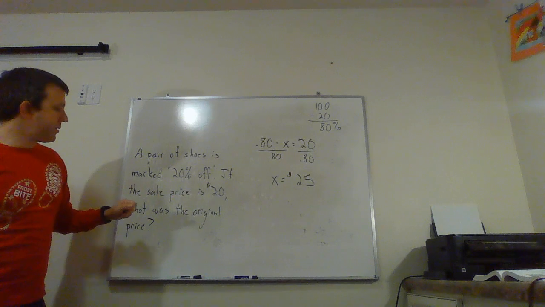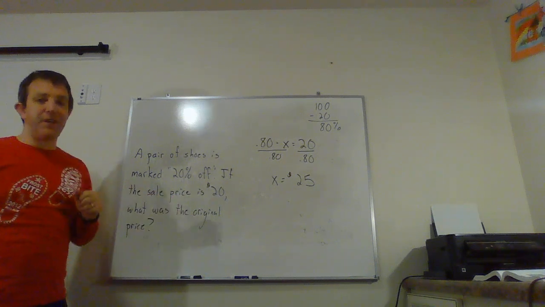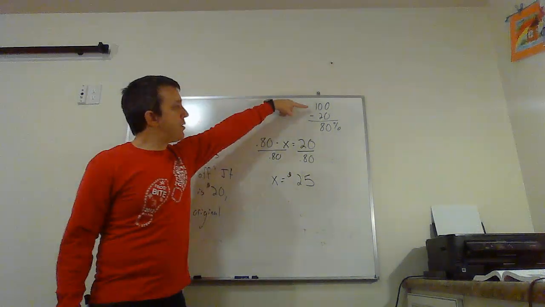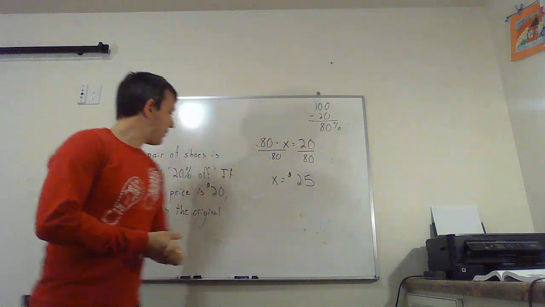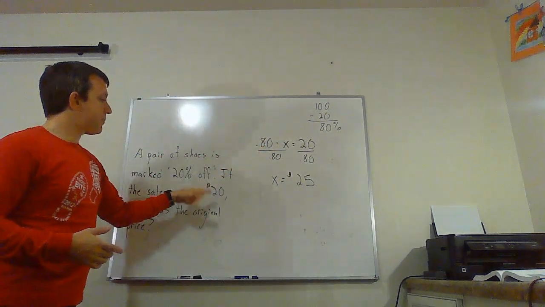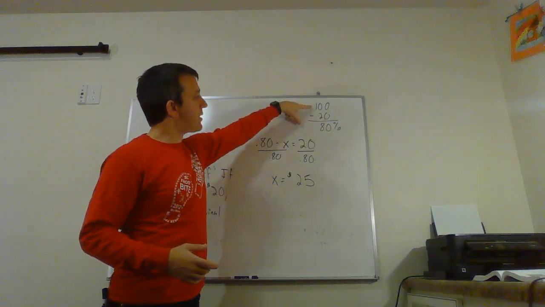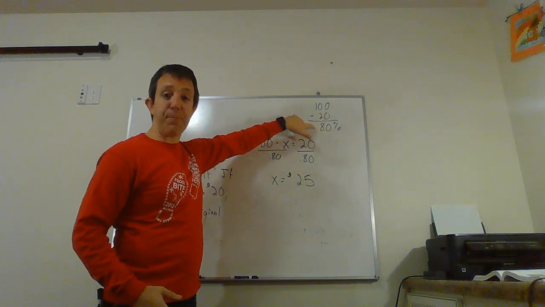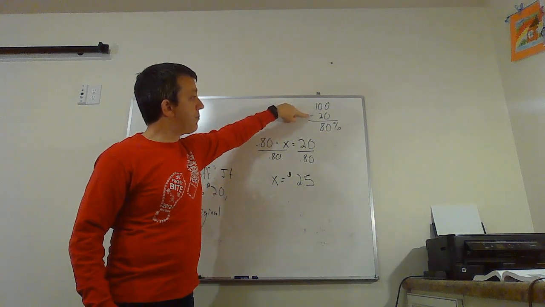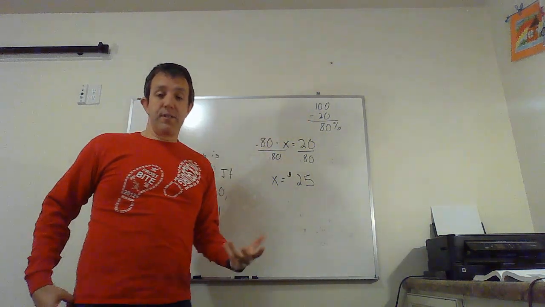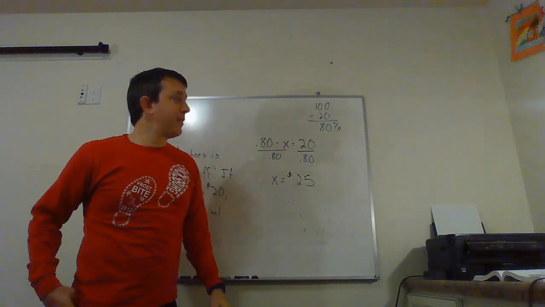So anytime you get this setup where you're trying to back it up and find the original, you're going to either add or subtract, depending on what kind of thing you're looking at. This one's a subtraction problem because in this case you're still going to be paying 80% of the cost. You're taking 20% away, so 100 minus 20 leaves us still paying 80% of the price.